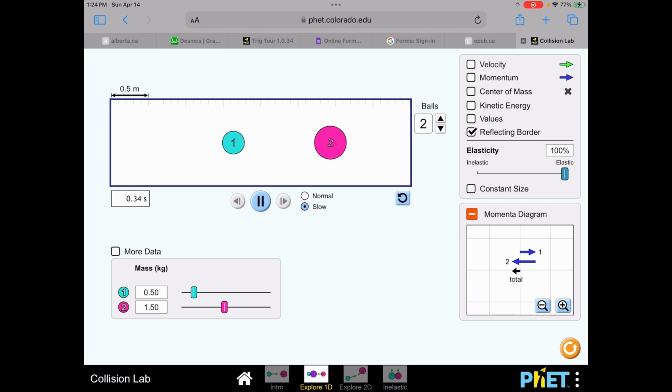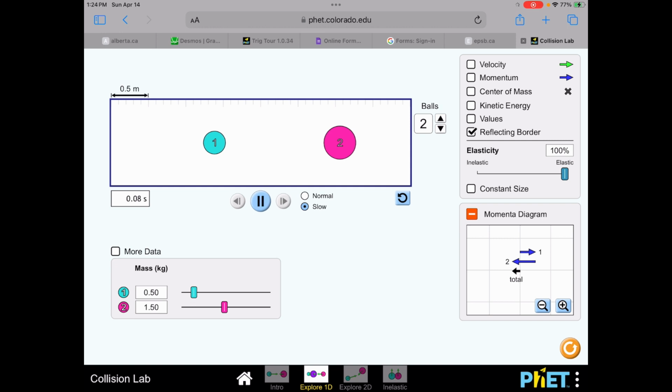The blue ball is coming in from the right, and it's going to hit the pink ball, and while they're in contact with each other, the blue ball is pushing the pink ball to the right. Meanwhile, the pink ball is pushing the blue ball to the left. When objects interact, they exert equal but opposite forces on each other.